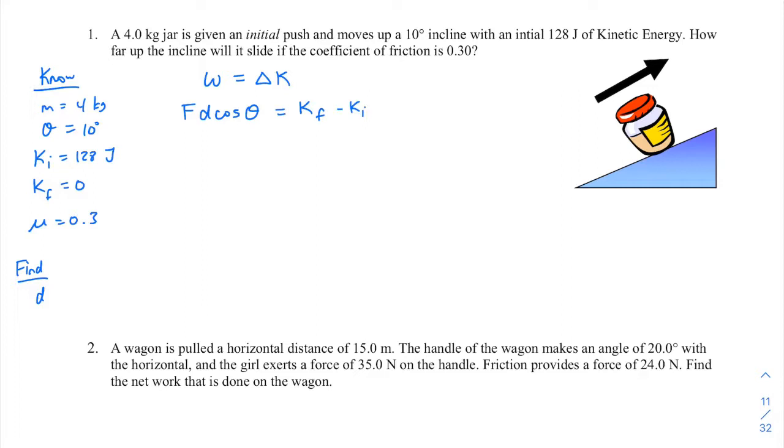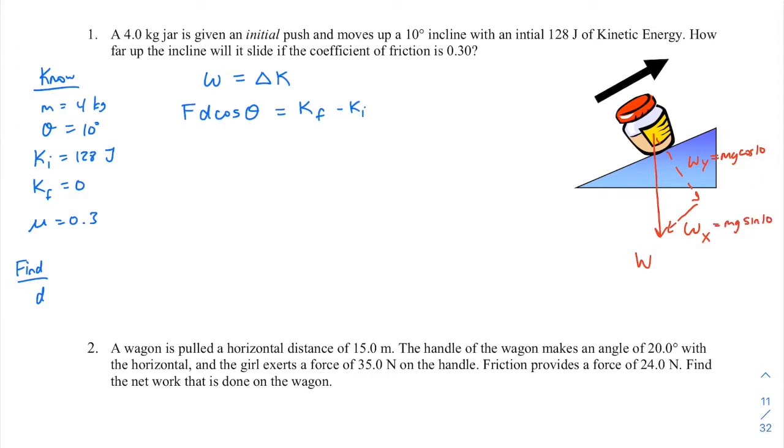If I think about my forces, I draw a force diagram here. Here I've got weight, and of course I would break that up into a Wx and a Wy, where Wy is mg cosine of 10 and Wx is mg sine of 10.